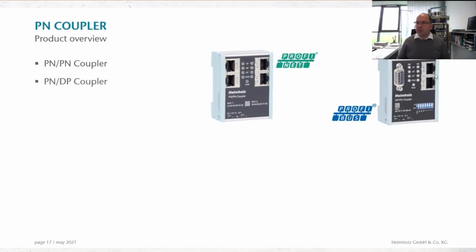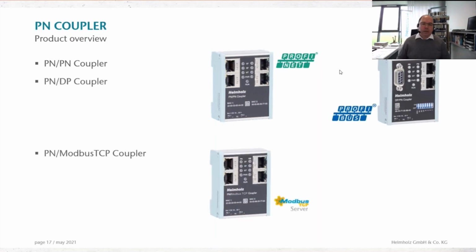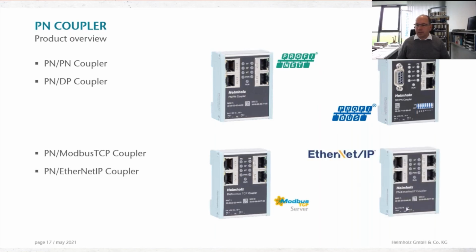We have the same for Profibus to PROFINET. We have Modbus TCP to PROFINET connector and Ethernet IP to PROFINET connector. So you see, it's a family, and these 4 devices, and we will have a PN EtherCAT soon, are for connection of machine to machine. So you have different machines from the same or different machine builders.